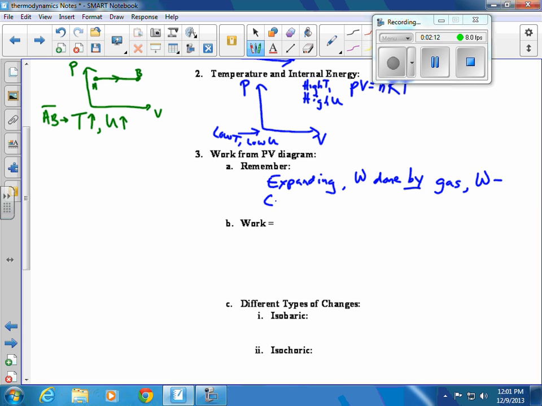And if it's compressing, work is done on the gas. Work is positive. Now, to find the work, it is equal to the area below the line for a single process.